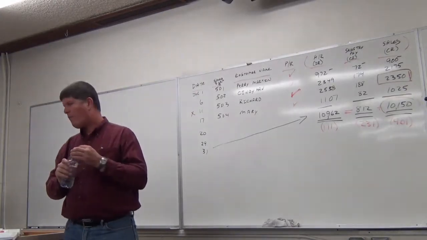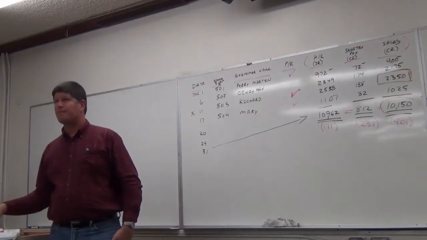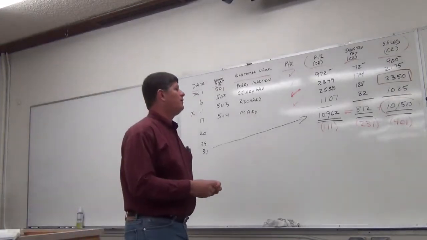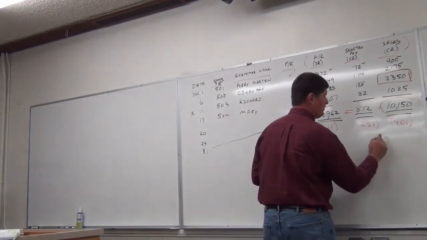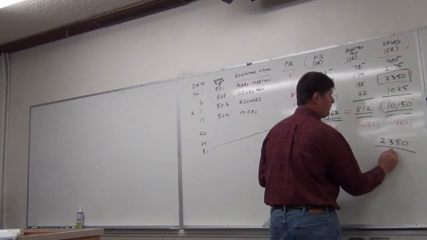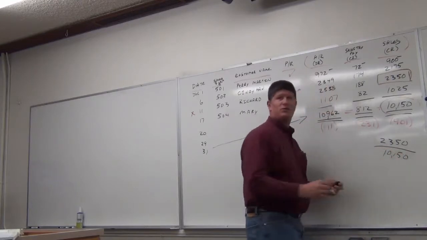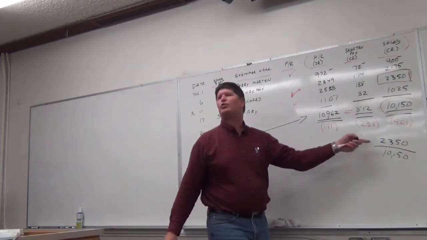I haven't obviously taken a math class in a long time, but I don't know if everybody knows how to figure out percentages from those totals. It's 2,350. We also have a television set that was sold, so it would get added to your 2,350.